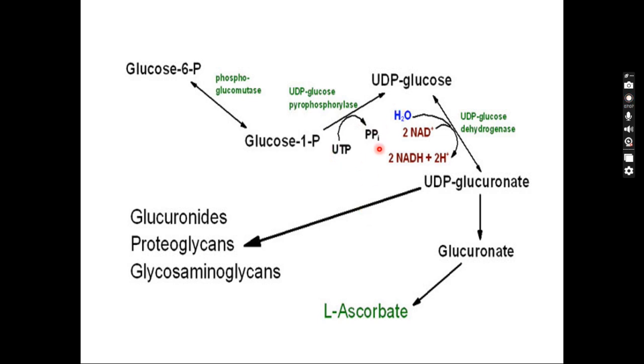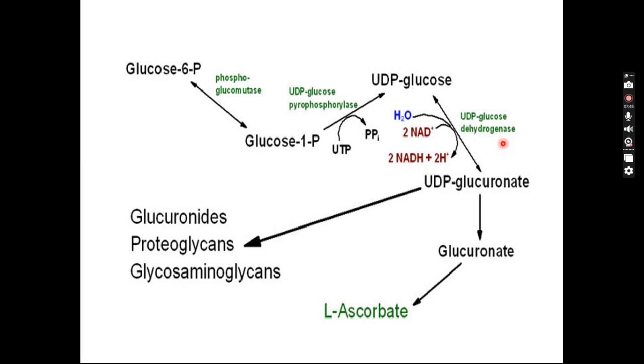So in this case, you have the UTP, uridine triphosphate, from which 2 phosphate molecules will be removed, and only 1 phosphate will remain. And this is the molecule that will be the uridine diphosphate glucose.